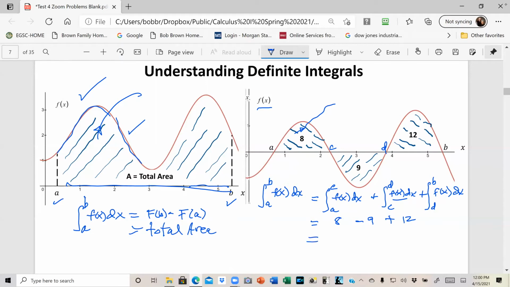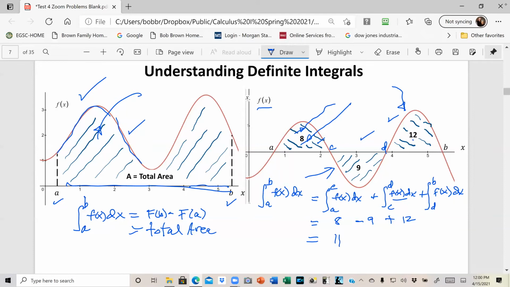And this is equal to 11. So it's not equal to the sum of the total area under the 3 bumps. This 9 takes away from the 8, and then the 12 adds back to it.